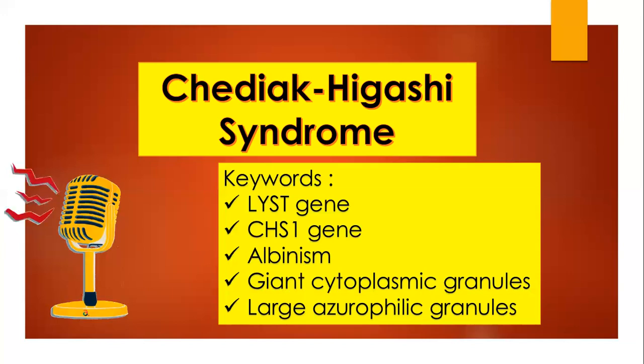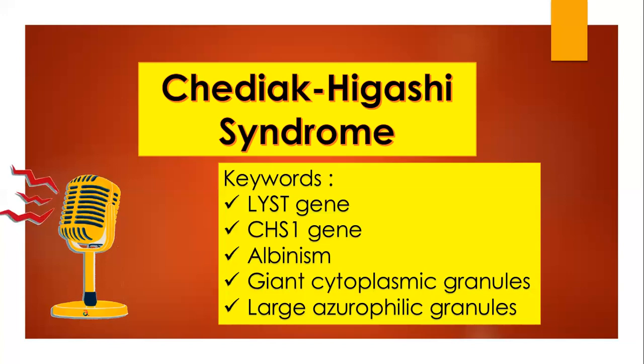In Chediak-Higashi, if you check its morphological characteristics under the peripheral blood smear, you may observe large blue-grayish granules in the neutrophils that may vary in size and color.